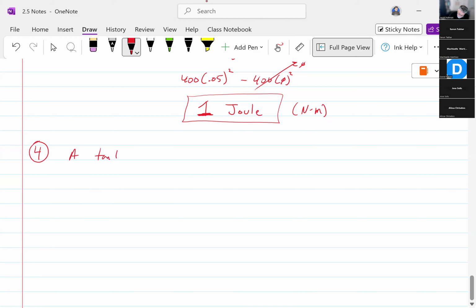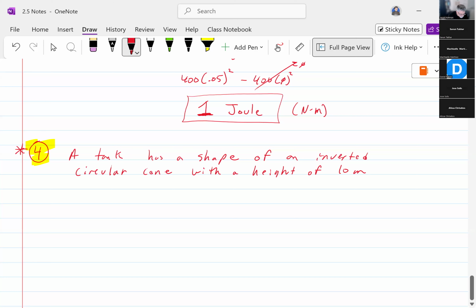A tank has a shape of an inverted circular cone with a height of 10 meters and a base radius of 4 meters.